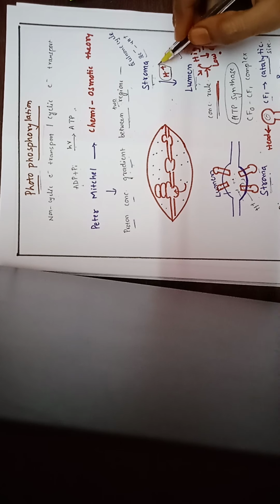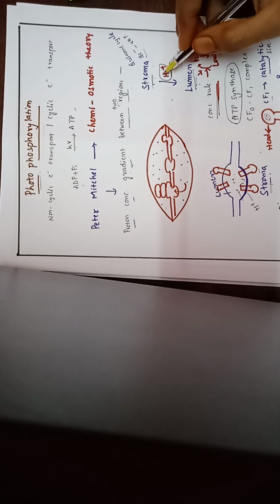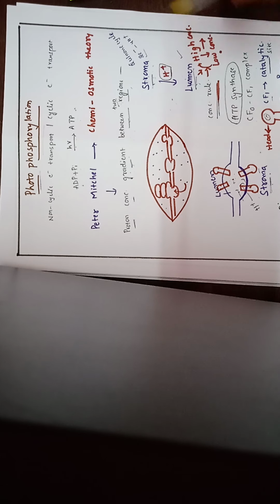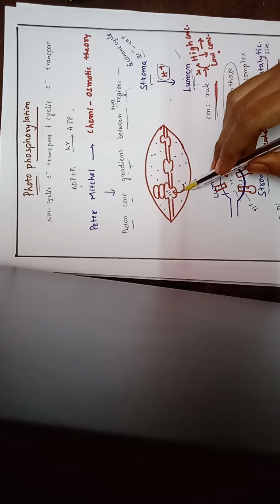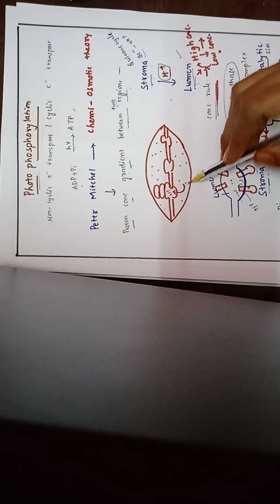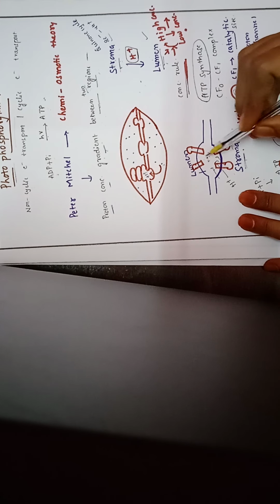So what is the concentration rule? Ions always move from a highly concentrated region to a low concentrated region. Like that, the protons from the lumen side try to move into the stroma side. They try to translocate again into the stroma side. But in between the stroma and the lumen there is a lipoproteinous membrane called the thylakoid membrane.